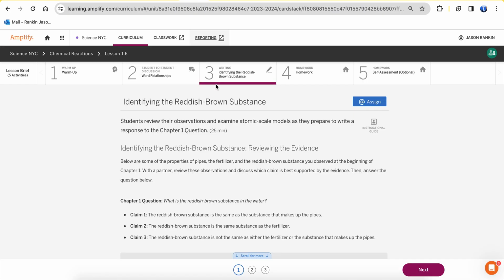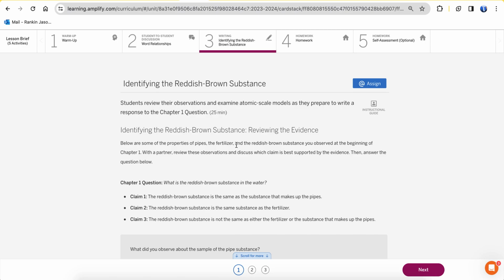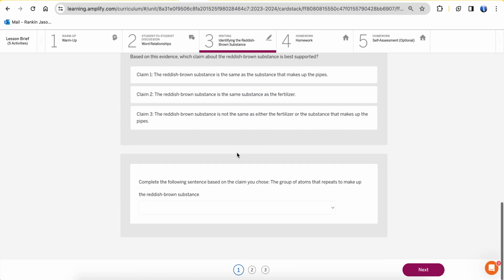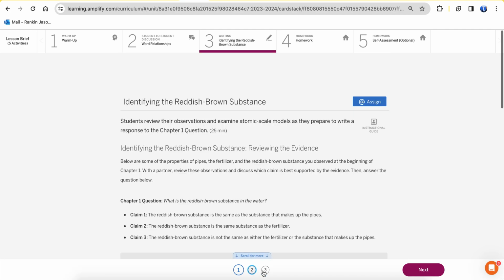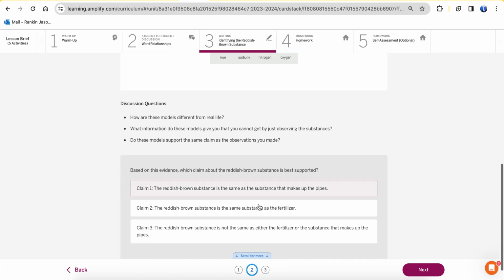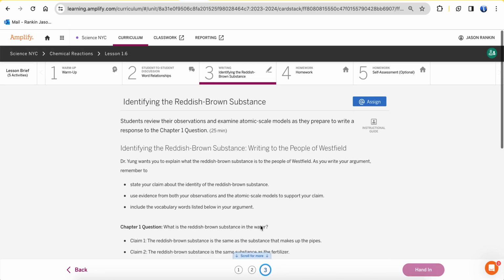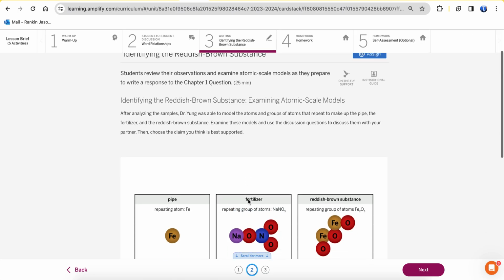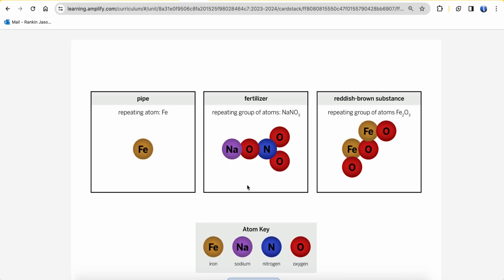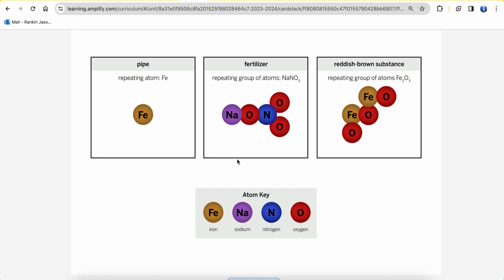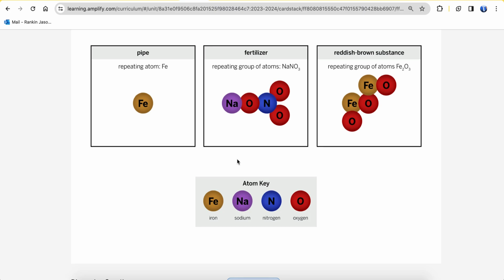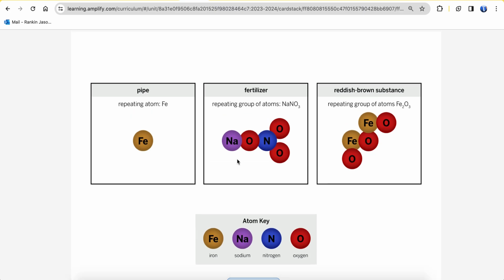Let's go to your writing sample, and you're going to be writing this down. This will be page 3. Now, page 2 you can use to help you. This is your evidence that you're going to use, the atomic models.